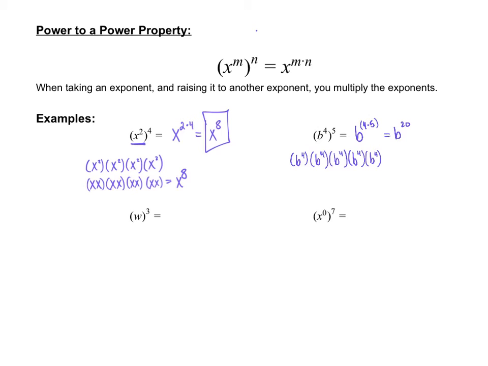And I can expand each of these b to the 4ths out. So 1, 2, 3, 4. 1, 2, 3, 4. So I'm multiplying b together 4, 8, 12, 16, 20 times. So b to the 20th.